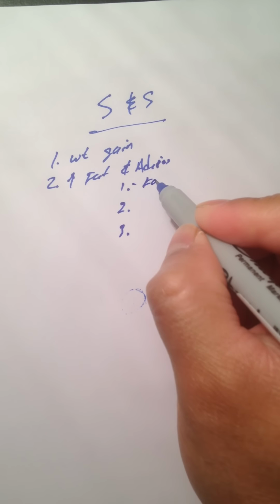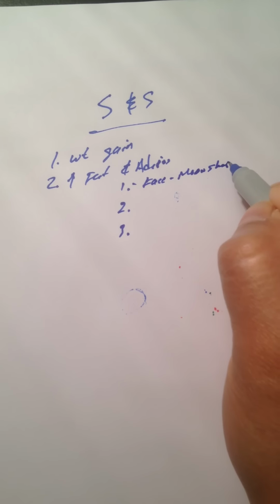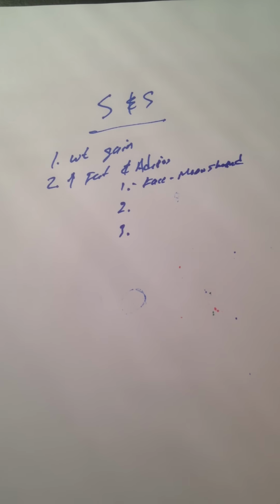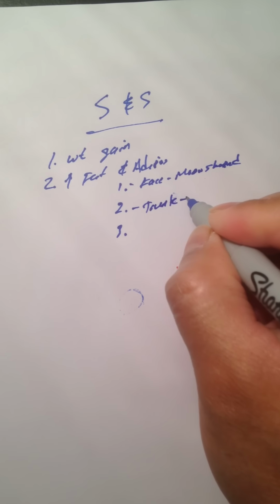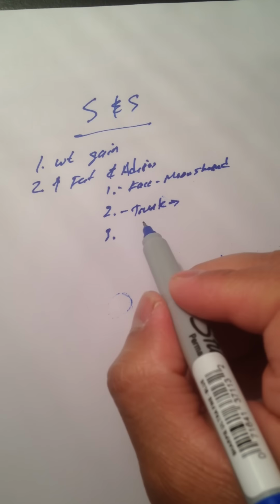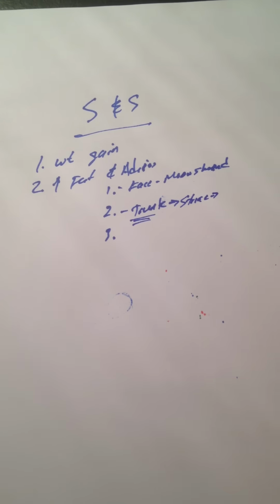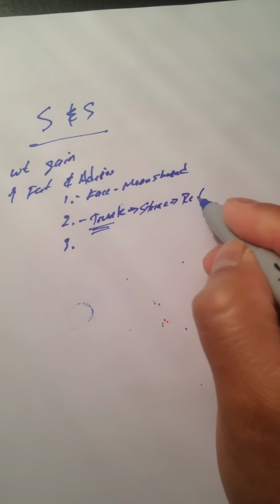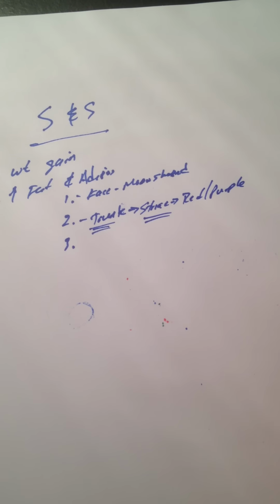One, in the face. You'll get that moon-shaped face appearance. Number two, in the trunk or the abdomen. These patients will have very, very large abdomens. The interesting thing here is they will have striae, more specifically red or purple striae, or stretch marks.